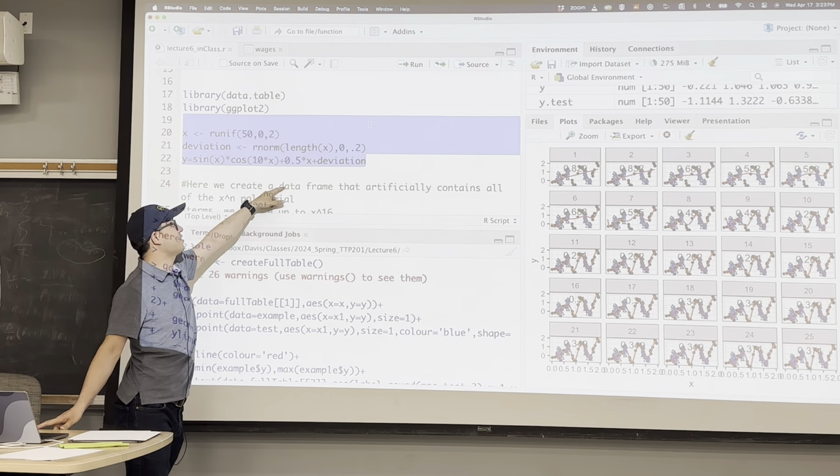So what you guys start to notice is as I add more flexibility to the model, my fit line starts to get more and more wobbly, and there's a number displayed in each plot. And that number is the mean squared error, okay?